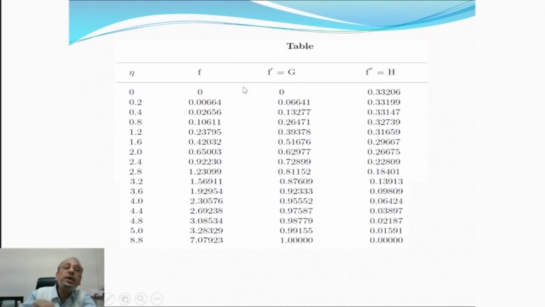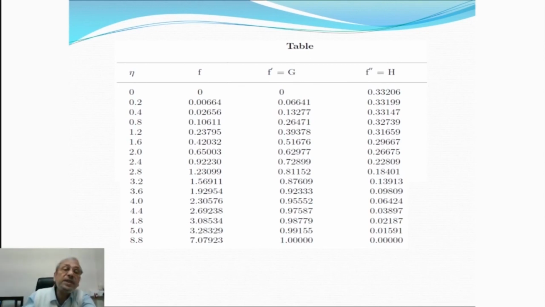All of you probably have heard this name, yet another big name like Blasius, Hermann Schlichting. Schlichting has a very good book on boundary layer theory, and this table has been taken from Schlichting's book.